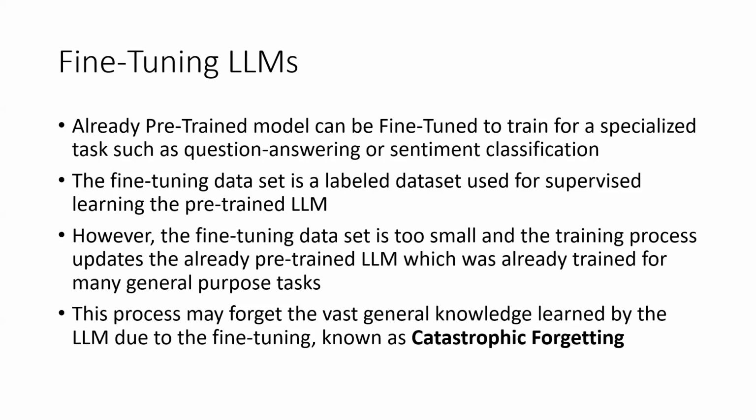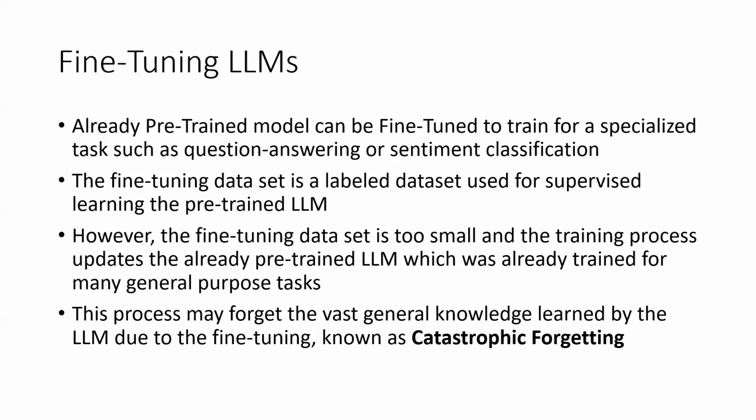But once you train this with your supervised learning data set, which has only a small amount of data, it would forget most of the important general knowledge that was already learned by the LLM, right? That is known as catastrophic forgetting.